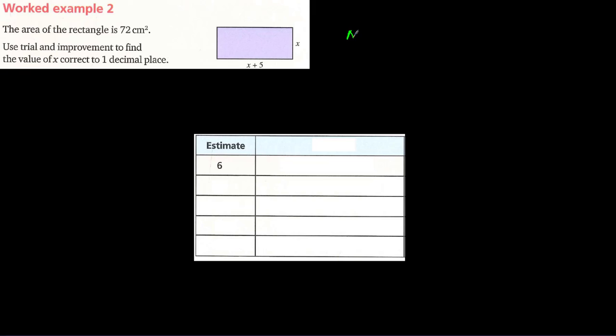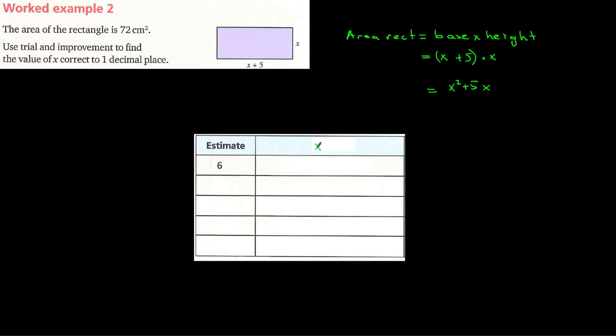If you remember, the area of the rectangle is equal to base times height, which is equal to (x plus 5) times x, which is equal to x squared plus 5x.